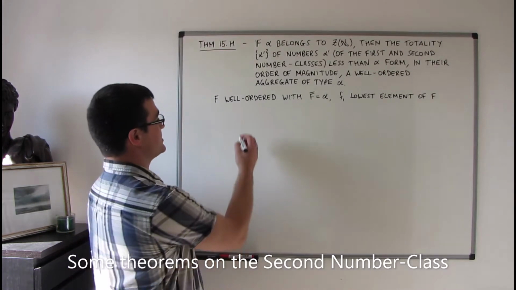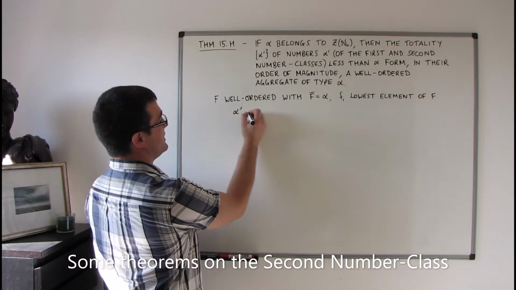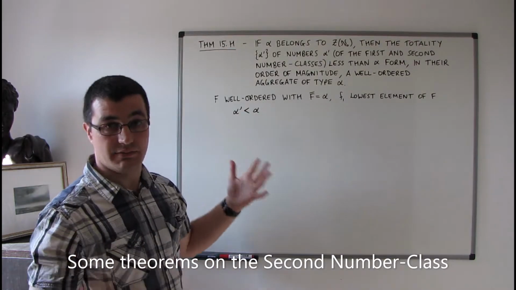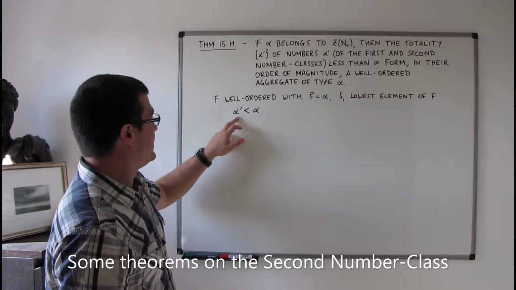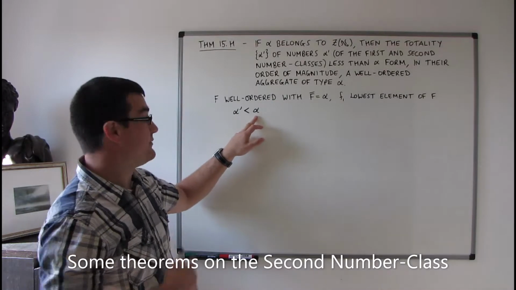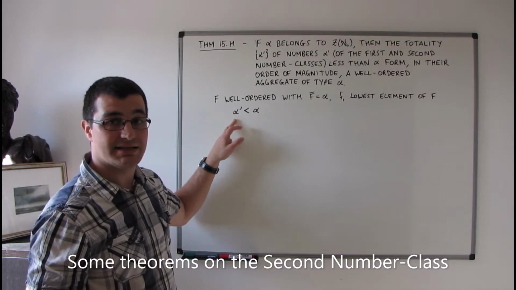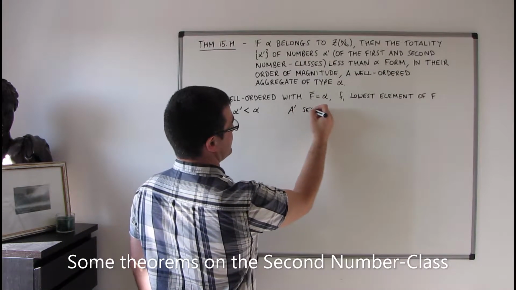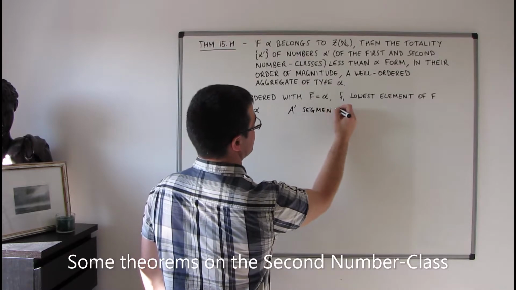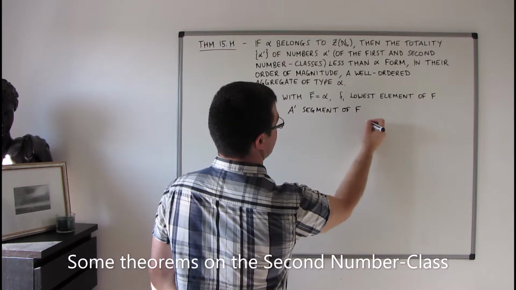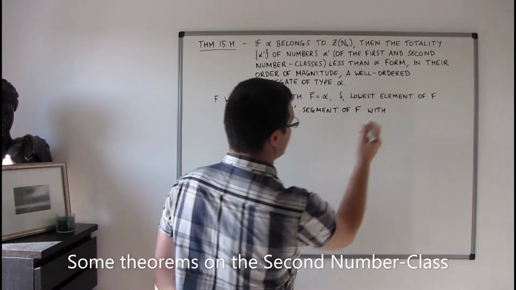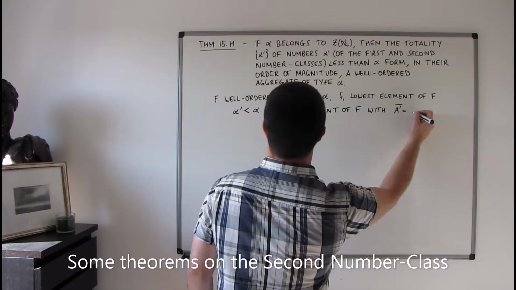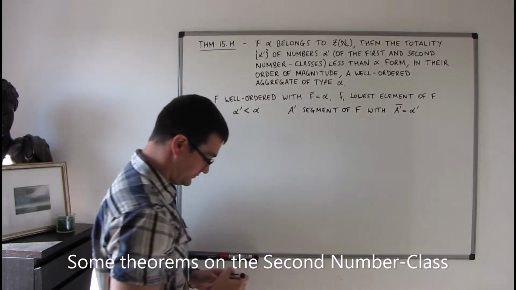Okay, and then we're going to choose some alpha prime less than alpha. So alpha prime is obviously going to be an ordinal number less than the ordinal number of F, and therefore there must be a segment A' of F with the ordinal number of A' equal to alpha prime.